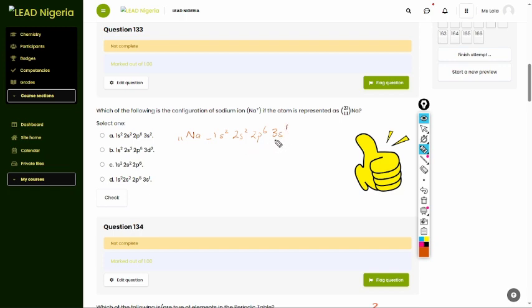But when it loses this one electron and becomes an ion, the plus 1 showing us that it lost one electron, it becomes 1s2, 2s2, and 2p6. So this is the configuration for the sodium ion, and that is option C. The correct answer is C.